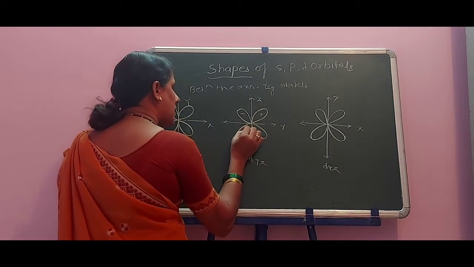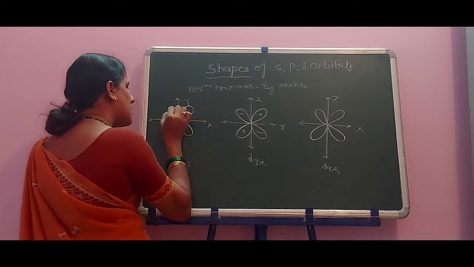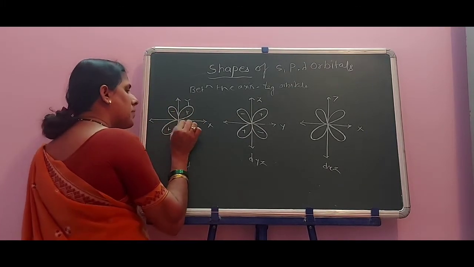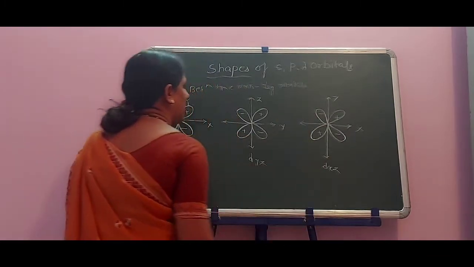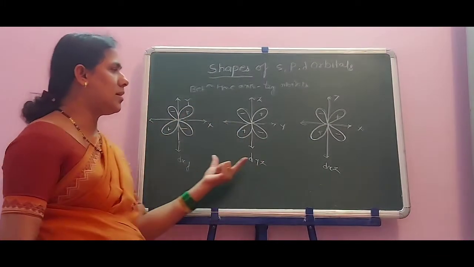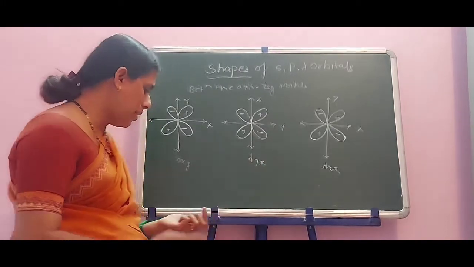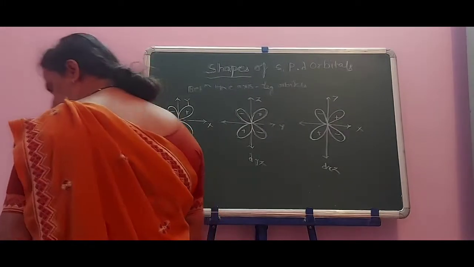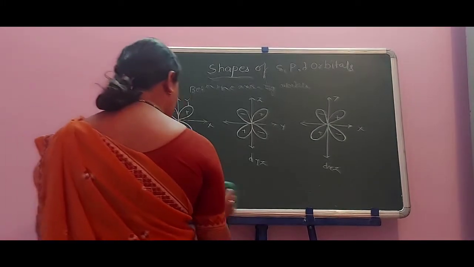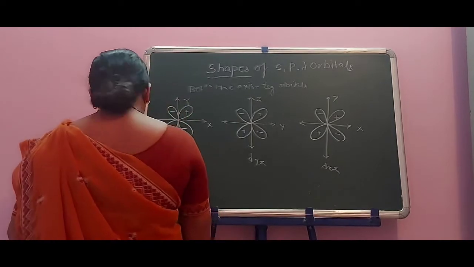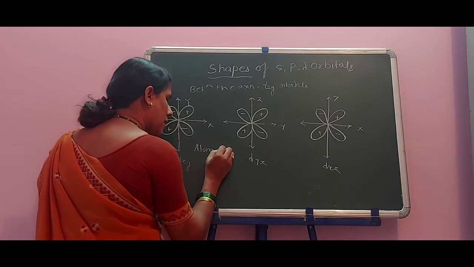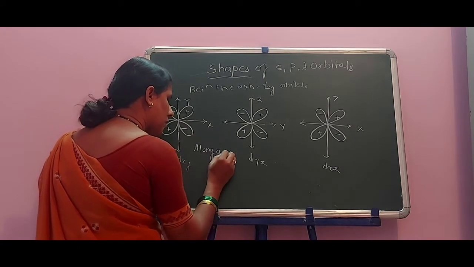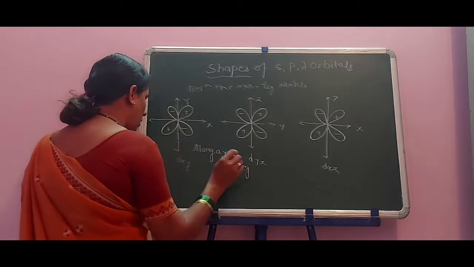The lobes have alternating positive and negative signs. Therefore, these are the 3 orbitals. The remaining 2 orbitals are along the axis, which are the Eg orbitals.